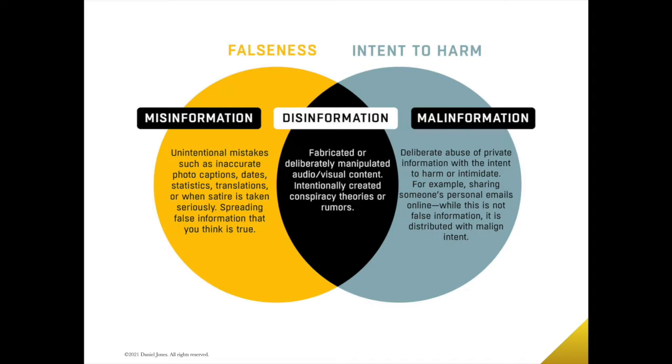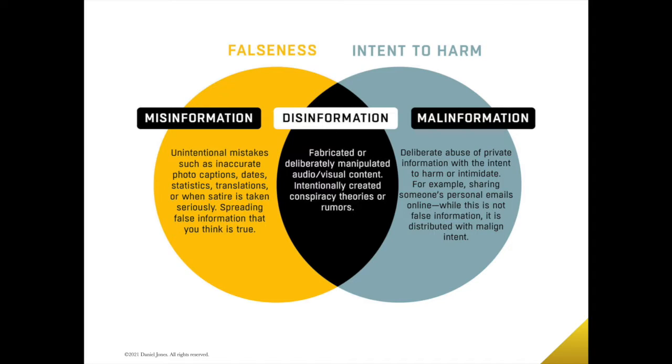So with misinformation, this is unintentional mistakes, such as inaccurate photo captions, dates, stats, translations, or when satire is taken seriously, spreading false information that you think is true. With disinformation, this is fabricated and is deliberately manipulated.